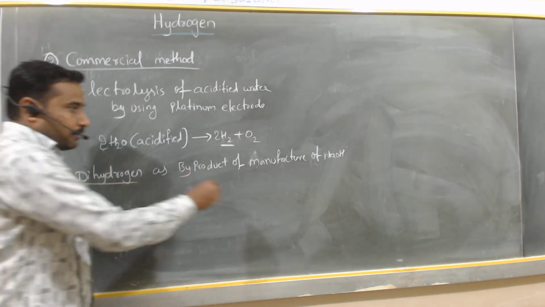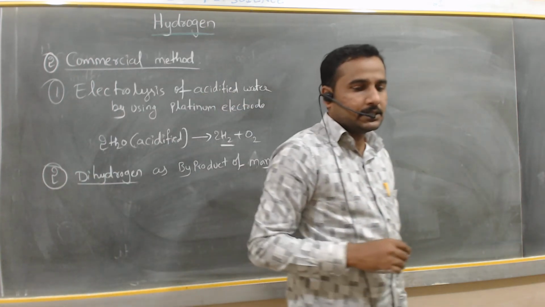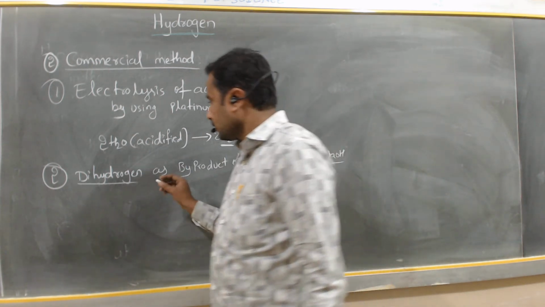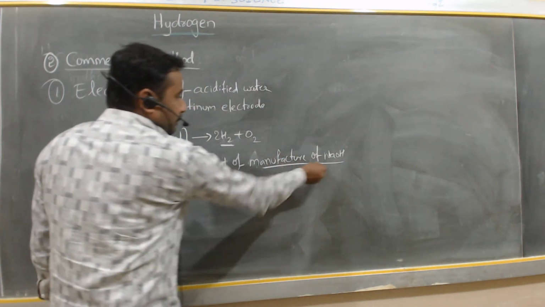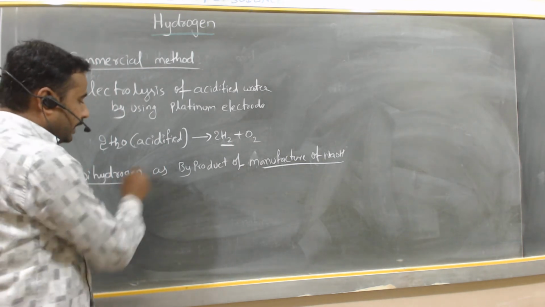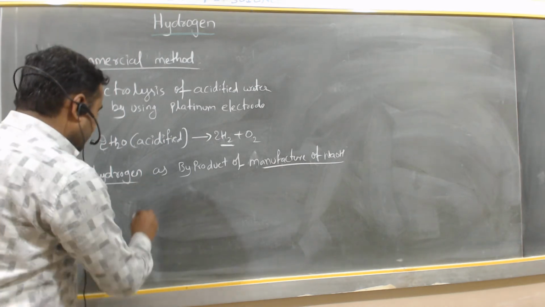So when we are preparing sodium hydroxide, at that time we get hydrogen as a byproduct. Byproduct here means that while preparing the NaOH, we also get a small amount of hydrogen.